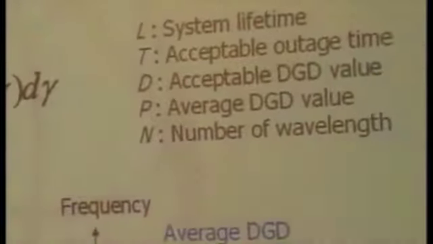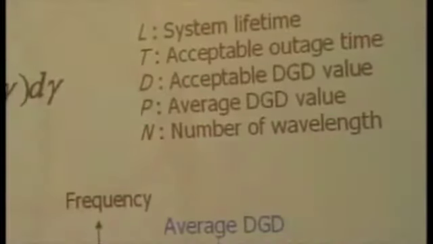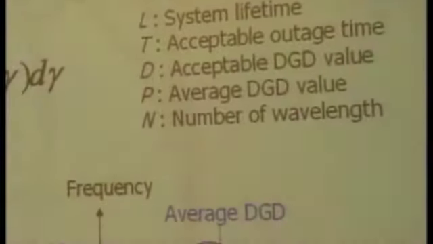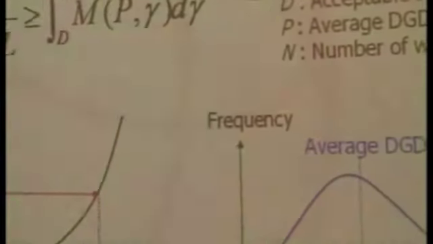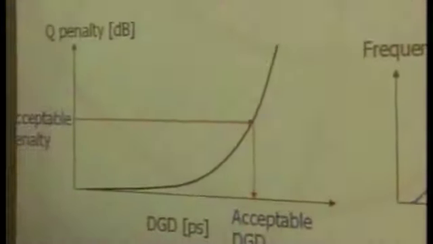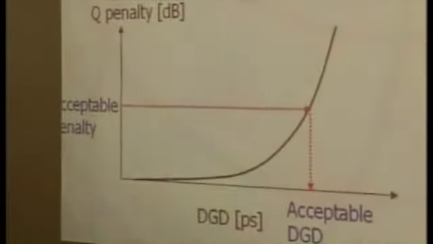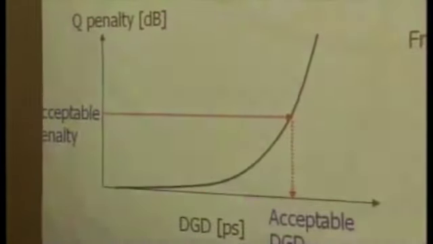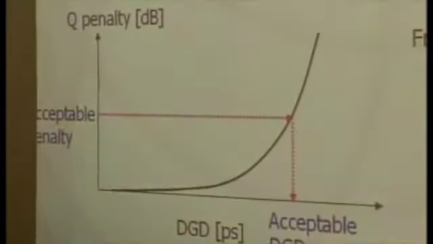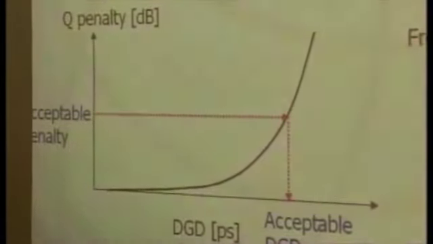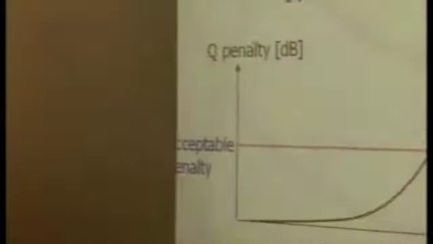Okay? And this acceptable DGD value means that, using, for example, such an equation, this is the system lifetime. In this system lifetime, you will set the acceptable outage time, T. And this is the number of wavelengths. And the calculation of this probability of outage has to be smaller than this value.